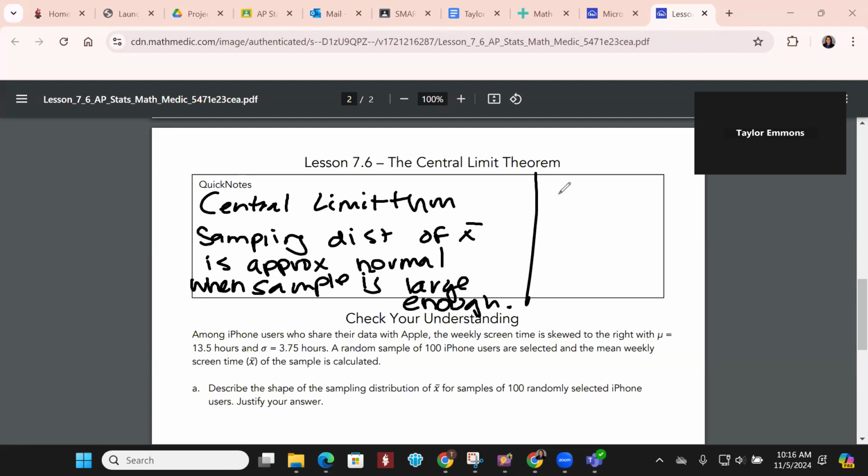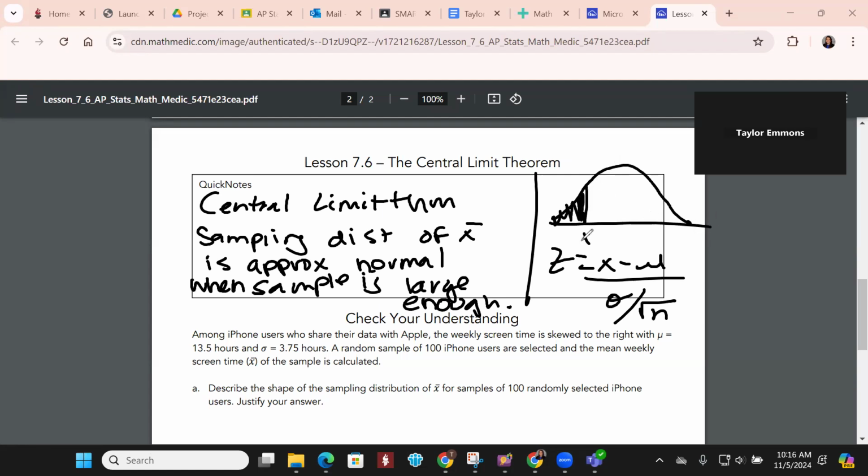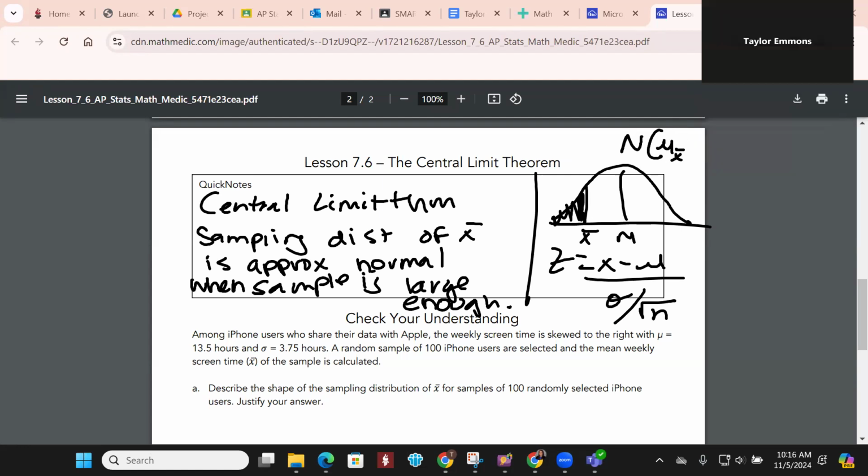Okay, then we talked about normal probabilities. Z is X minus mu divided by sigma divided by the square root of n. Okay, when you do your little normal distribution, don't forget to have your mu and your standard deviation.